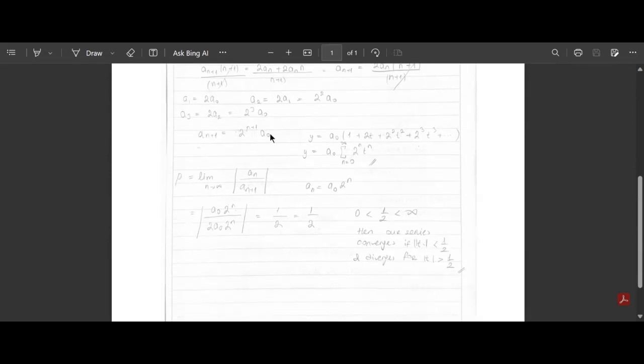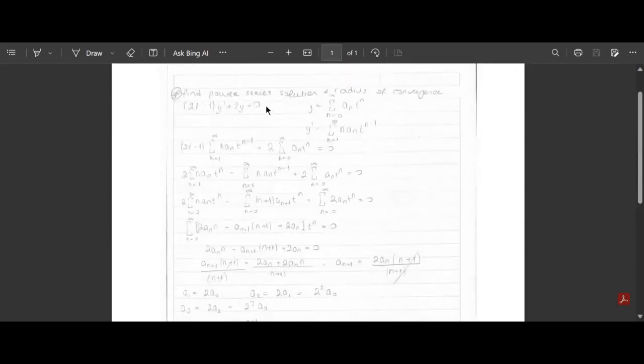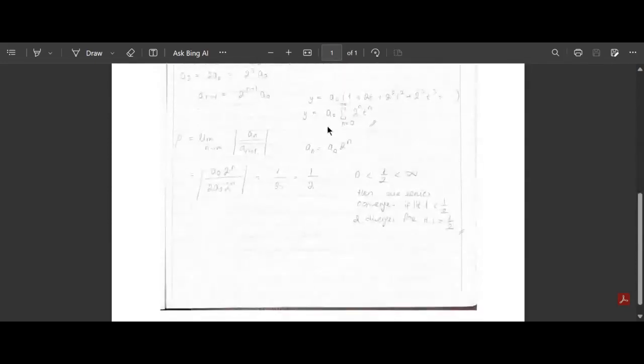So then we see that we can write it like this when we combine it and factor out a naught. And then we see that this is equal to this summation from 0 to infinity. So this was the answer for the first part, finding the power series solution. And then for the radius of convergence, we do the ratio test.